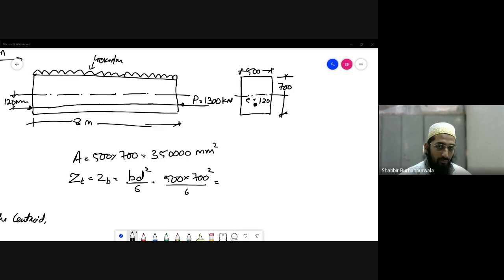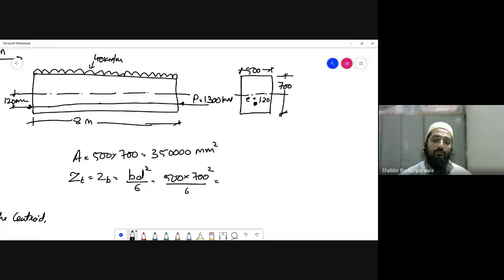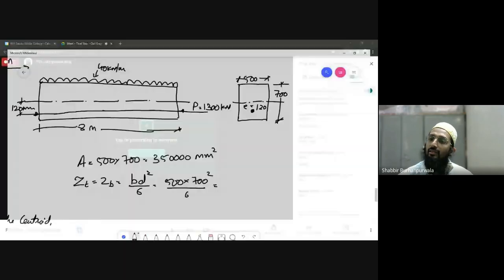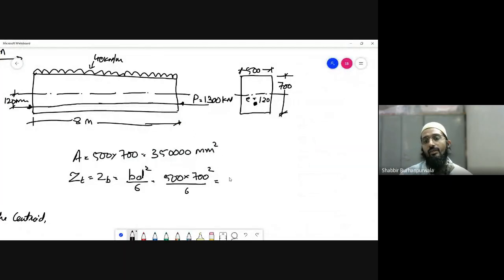Is it correct? Everybody is getting the same answer. Anyone else who can confirm? Okay, so let us take that value, 40.83 into 10 raised to 6 mm cube.